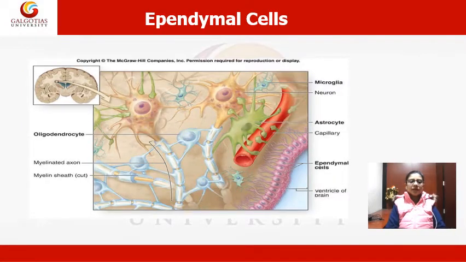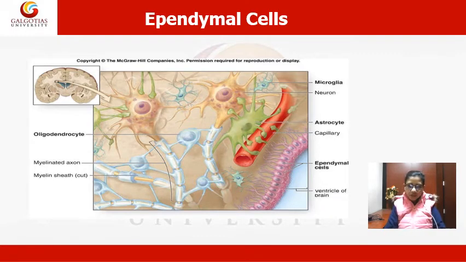So here you can see the picture of the ependymal cell, how it looks. This is the structure of the ependymal cell, in which this sea green colored small cell is known as microglia. Generally we are learning about neurons, and there is a presence of microglia. You can differentiate color-wise. Then this greenish one, which has different projections, is an astrocyte, and this red one is the capillary.